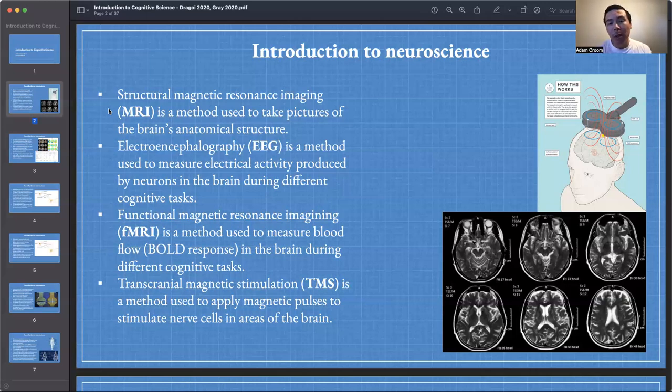Then what we do is we just find through systematic investigations which emotional or cognitive aspects of their behavior are also impaired.